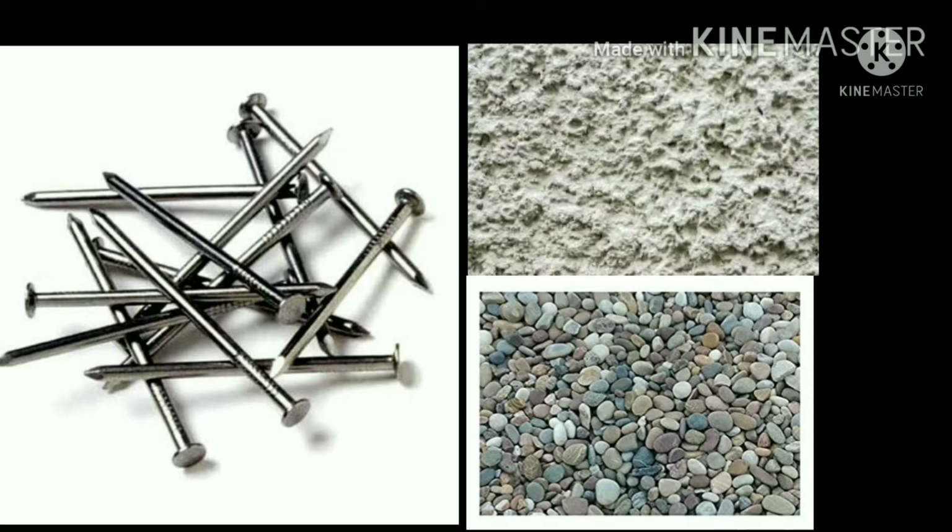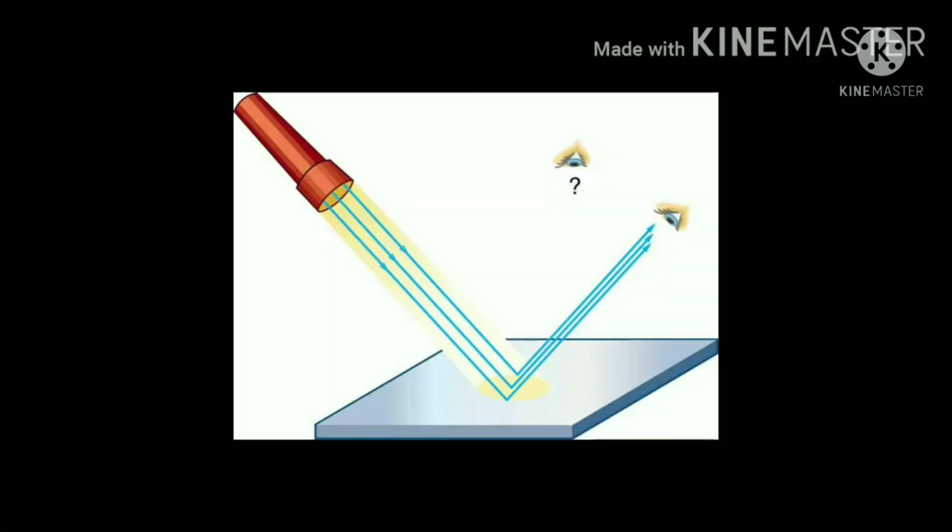We say light is reflected when it bounces off a surface. So, the reflection of light by a surface depends on the nature of the surface. A rough and bumpy surface reflects a parallel beam of light incident upon it in different directions.